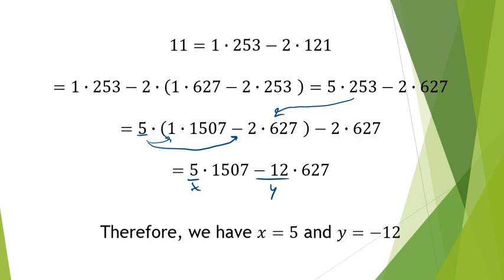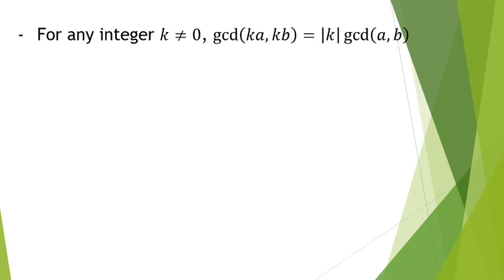Just a couple things I want to wrap up with. For any integer k that's not 0, if you're taking the GCD of k times a and k times b, that's equal to the absolute value of k times the GCD of a and b. So just as a quick sample here, say we had the GCD of 1760 and 240 here.